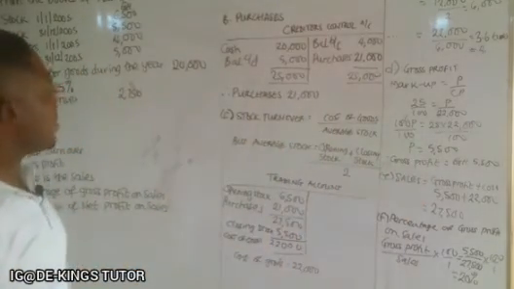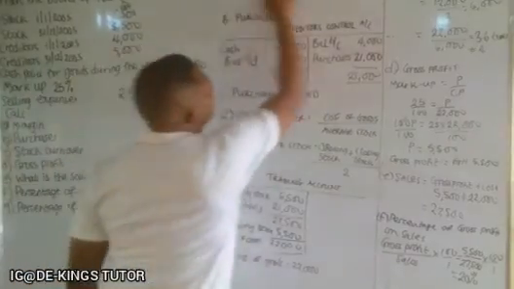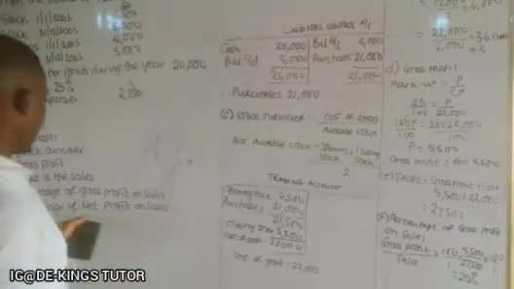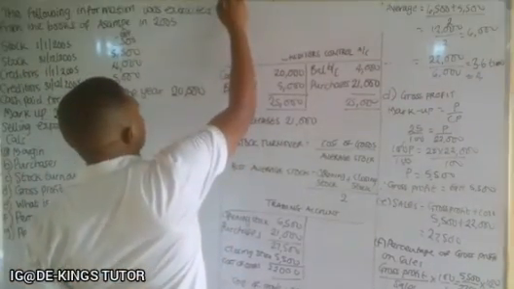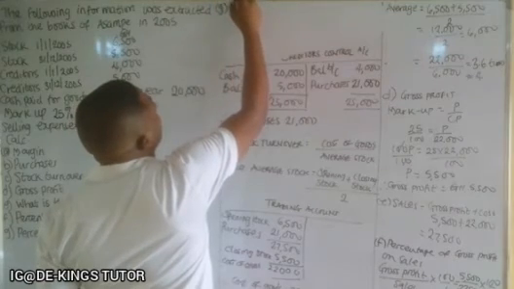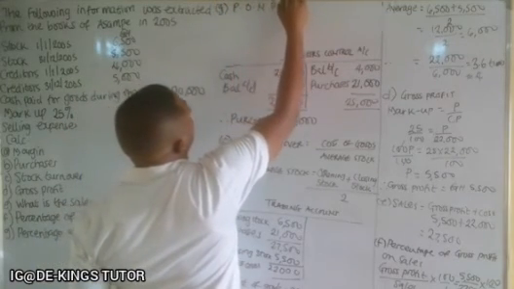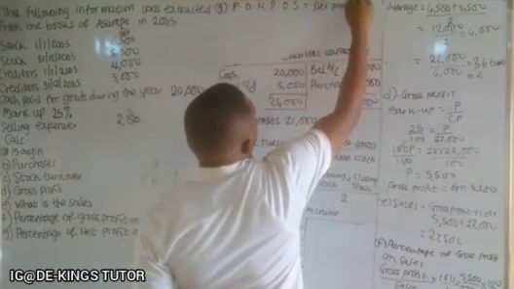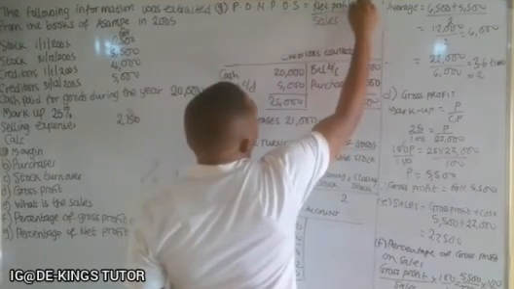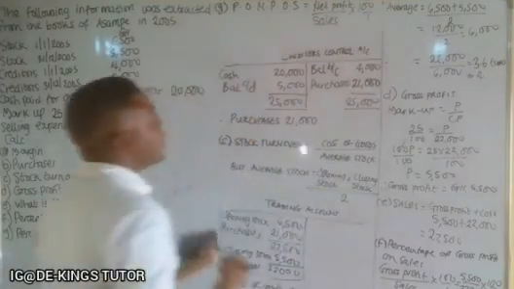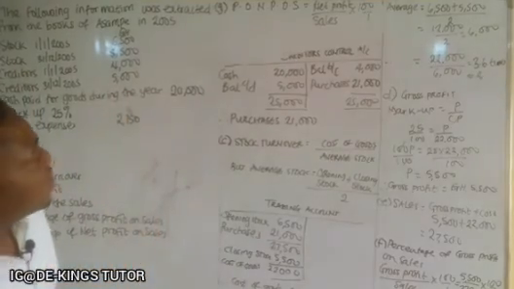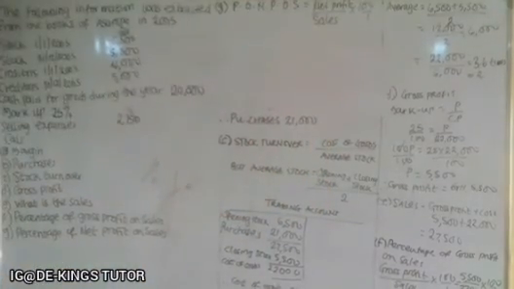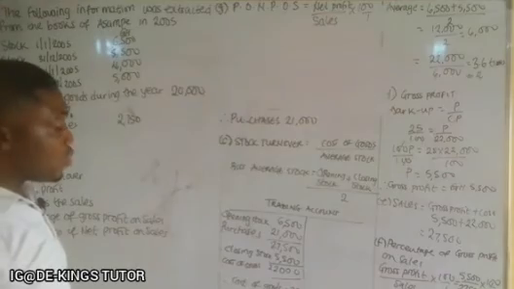Now the last one, G, is the percentage of net profit on sales. It is given as net profit over sales times 100 over 1. That's the formula. Before we can do this, we should get our net profit.